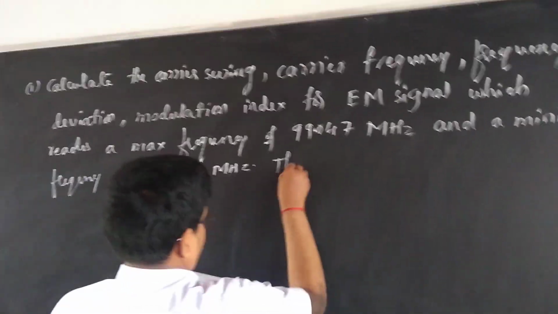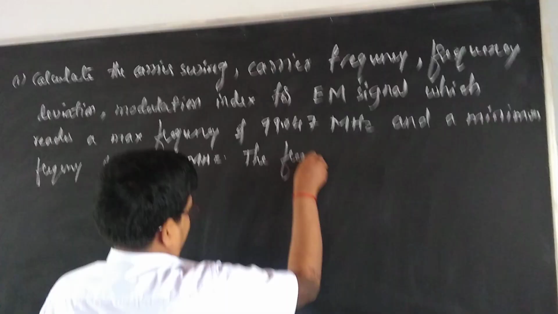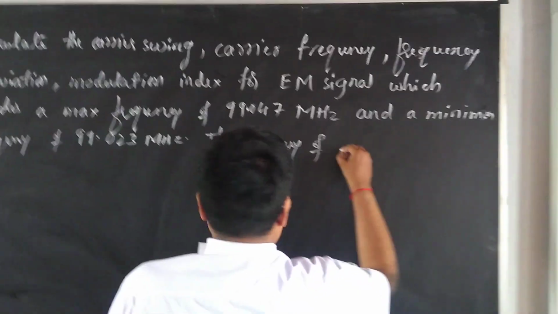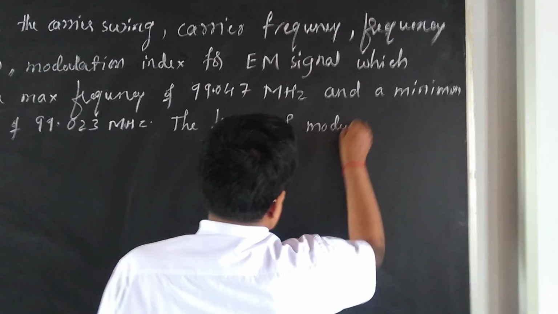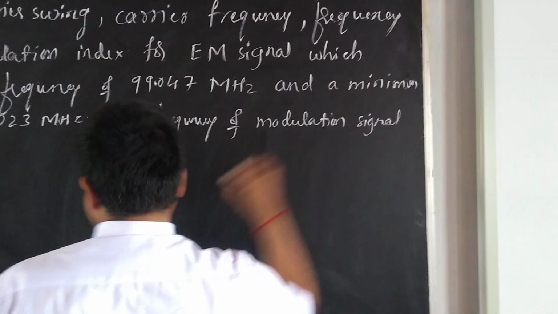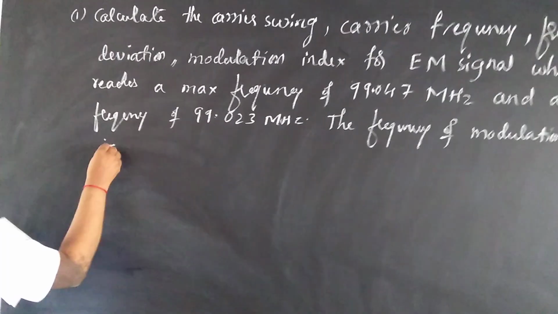The frequency of the modulation signal is 7 kilohertz.